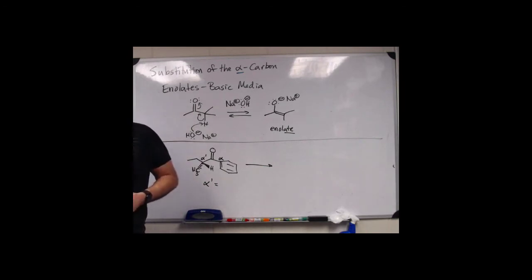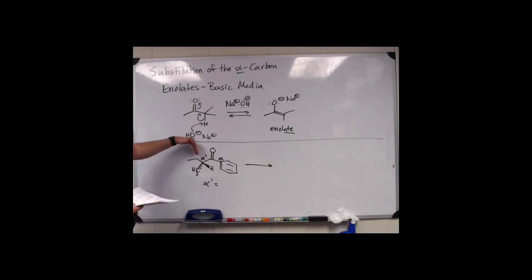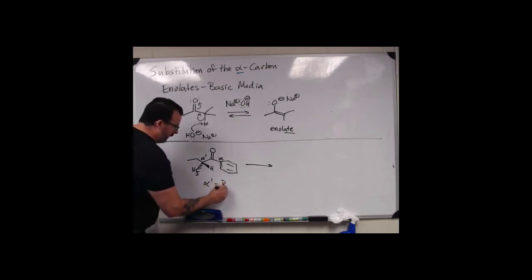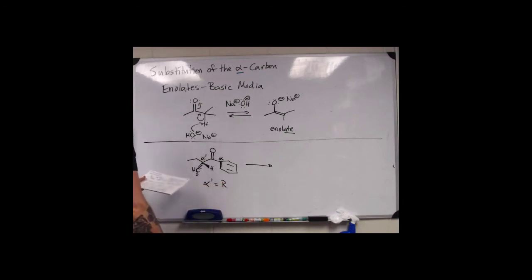And using the Cahn-Ingold-Prelog rules of assigning stereochemistry, what should alpha prime be? We've got quite a few R's showing up, so it is R. So the stereochemistry is R.